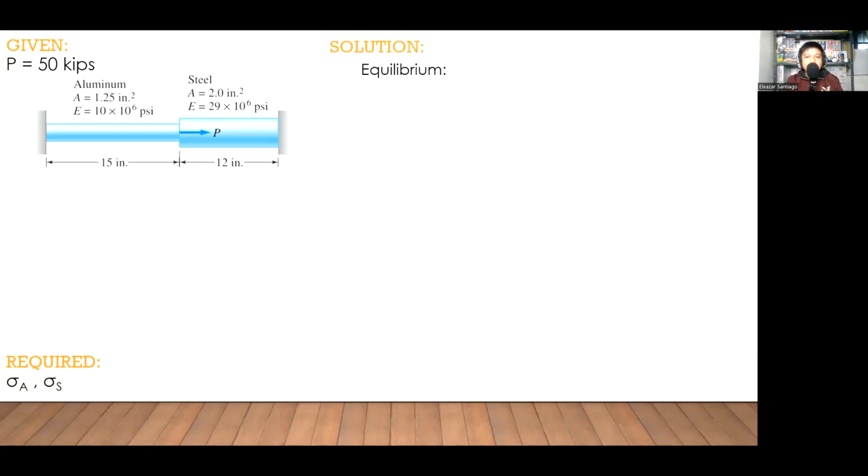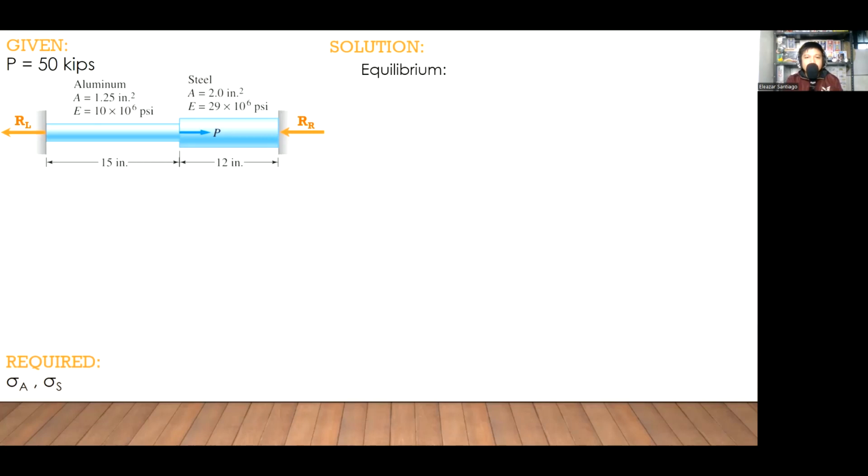For the equilibrium, if we consider the reaction at both ends of our compound material, we will have the reaction at the left end, and we have as well the reaction at the right end.